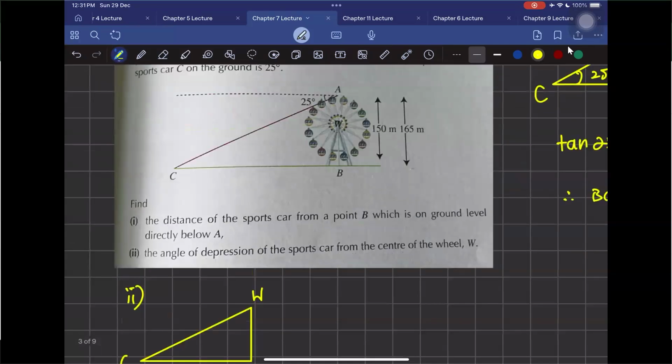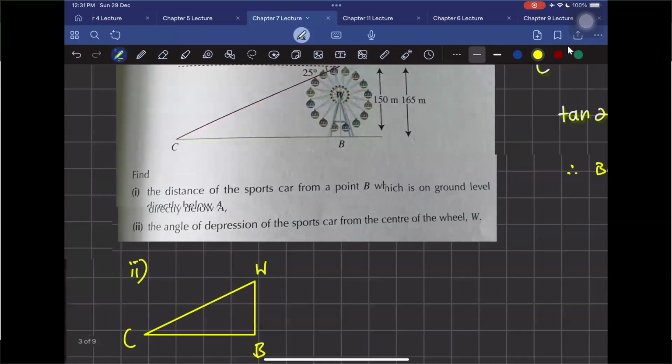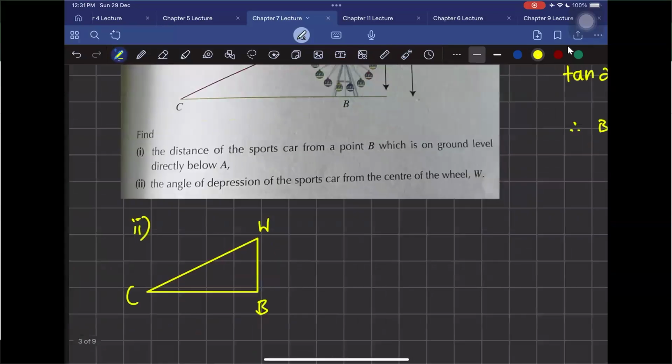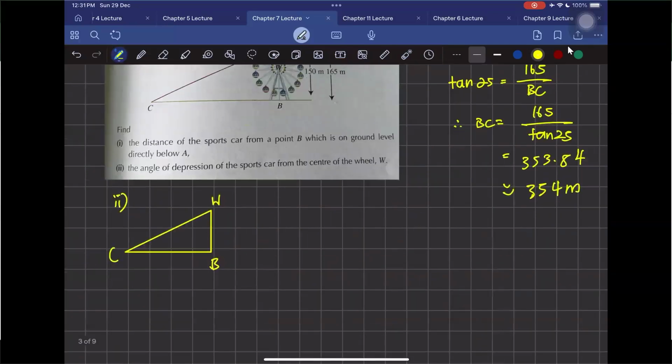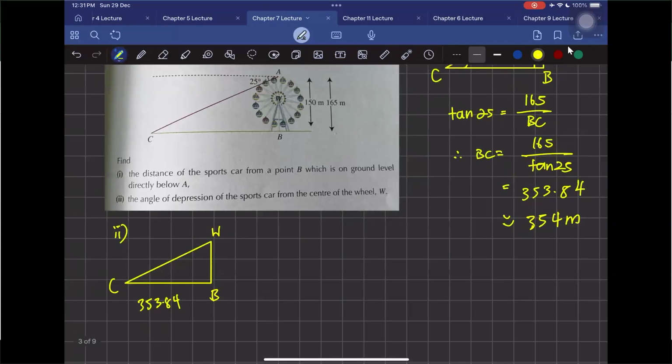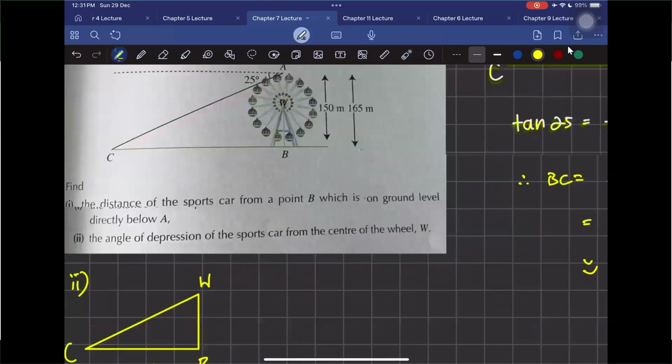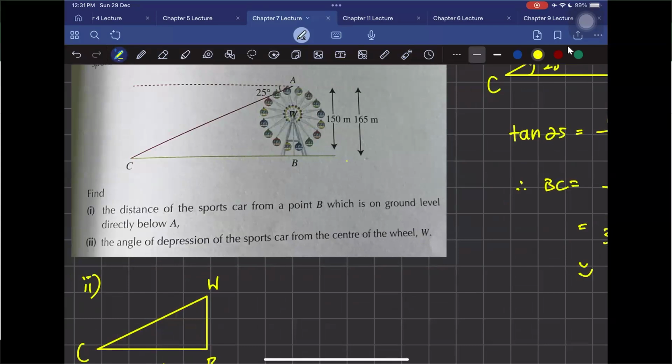Okay. So once you have drawn this, in this case, what do we know? We have already found CB from your previous part, 353.84. And then, do we know the angle? Nope, we don't know the angle. You're actually told to find the angle. And then, oh, we know WB. In this case, you're given that the whole length, the diameter, is 150, but from the highest point, it is 165.